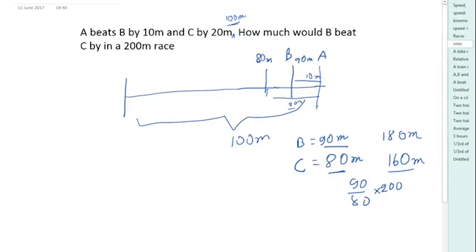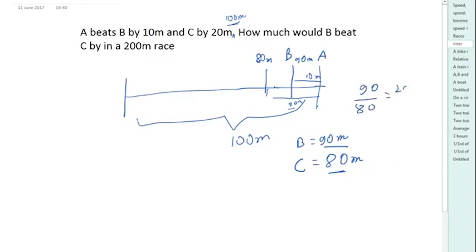So the ratio of the distance will be this: 90 by 80 equal to 200 by x, and x will be the distance that C would have traveled. So you can solve for x and then subtract to get the answer.